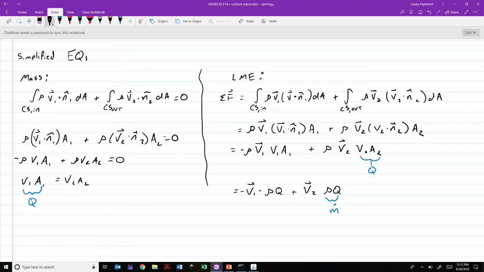So a couple of different simplified ways of writing these expressions, but at this point, we're now ready to go ahead and start solving for our unknowns.